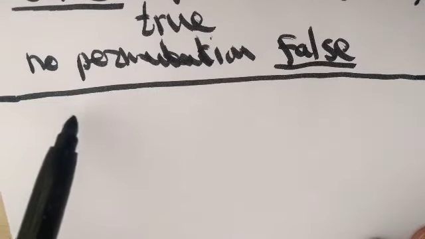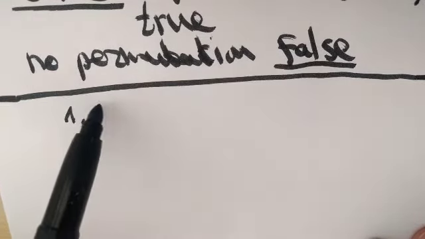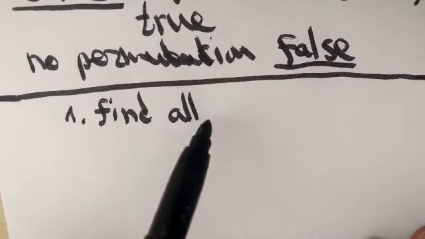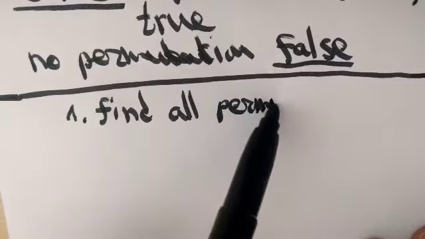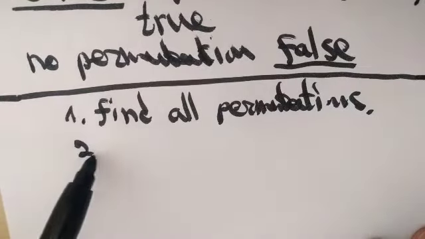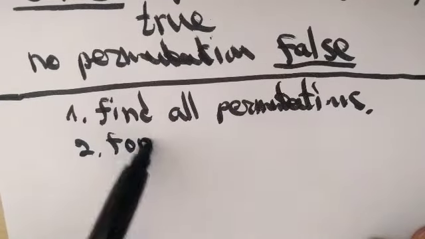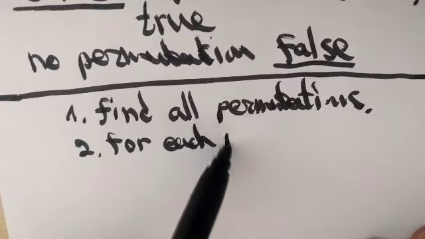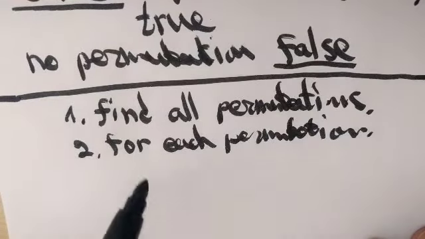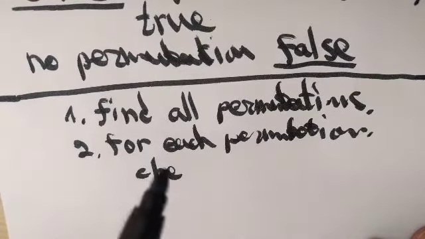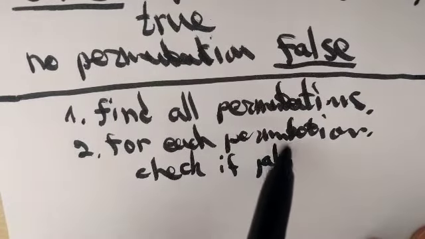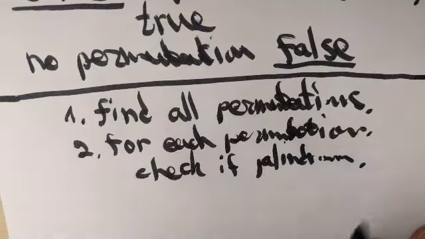So the algorithm would be: first, find all permutations, and second, for each permutation, check if it is a palindrome.